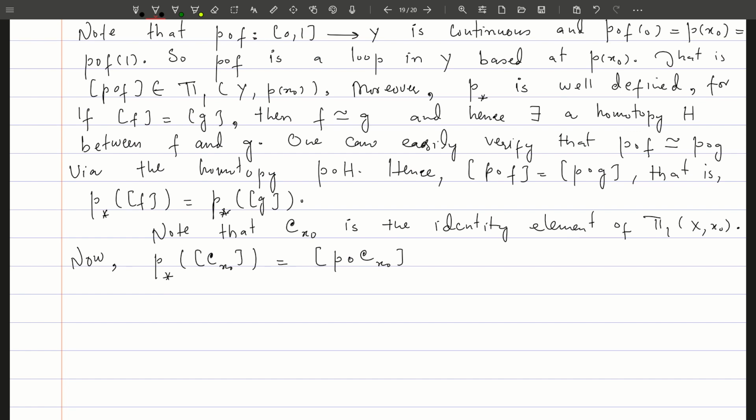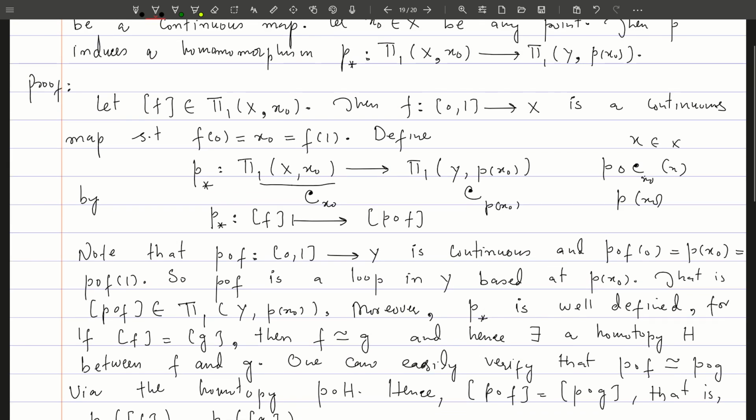This is for all x in X. That means this composition map is a map which stays all the time at P of x naught.